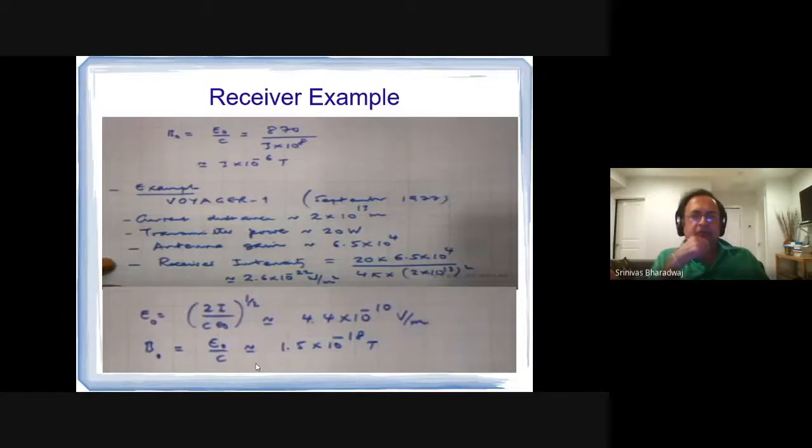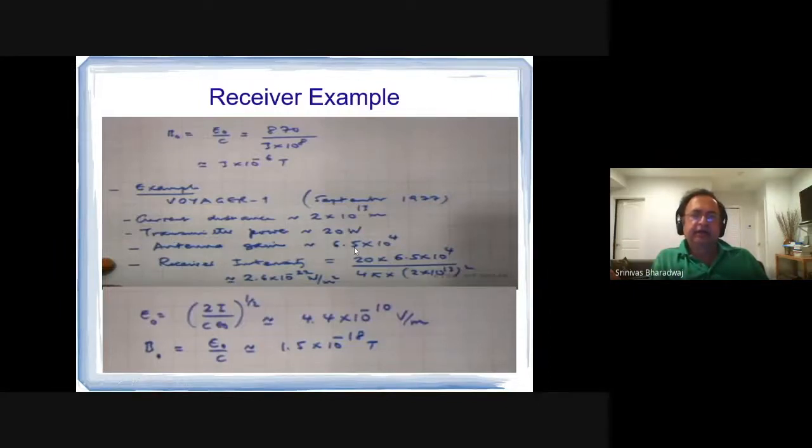So here is an example that they have in the IIT PAL lecture. B naught equals E naught by c, right? E naught by B naught equals c, right? Therefore, they were discussing Voyager 1, which was sent in 1977. It was transmitting with a power of 20 watts.